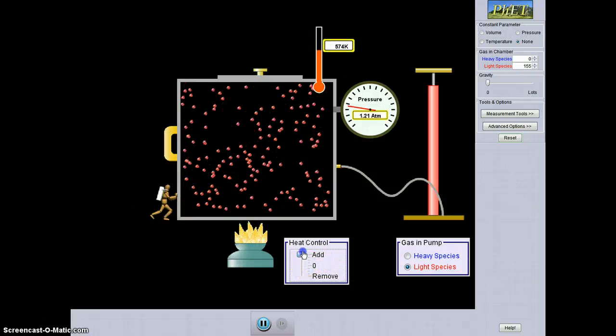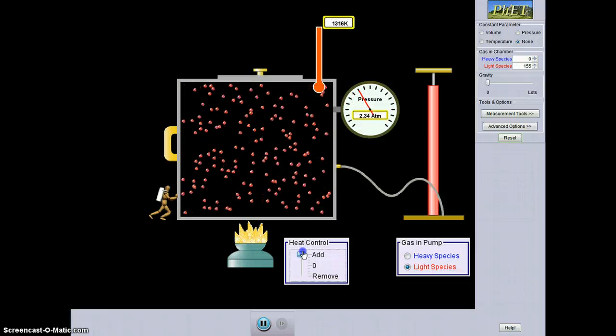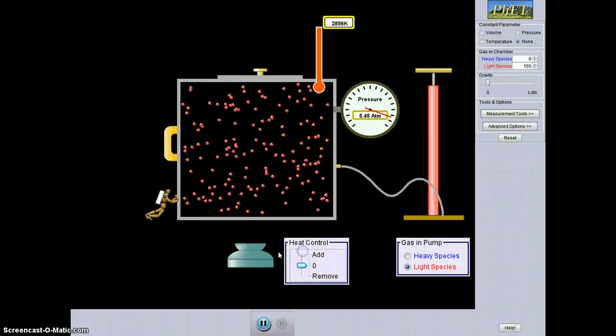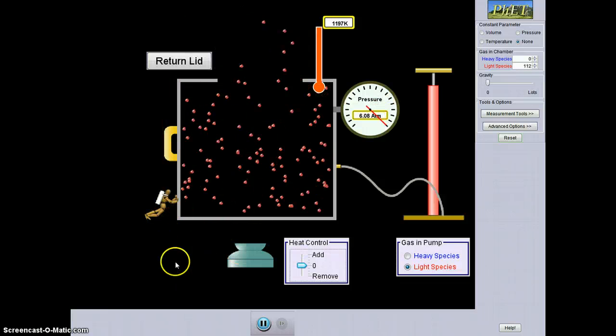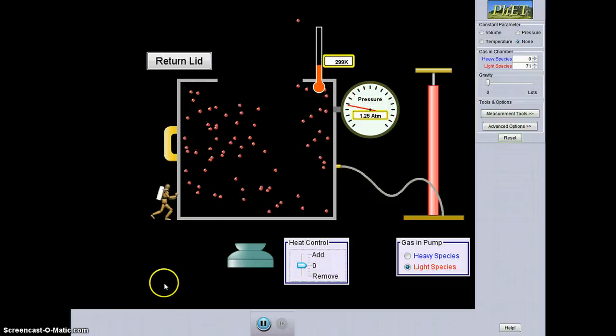Okay, if I hold it to that value, you can see what happens is the little guy over here is trying to hold that. Blew the lid right off the thing. A lot of neat stuff you can do.